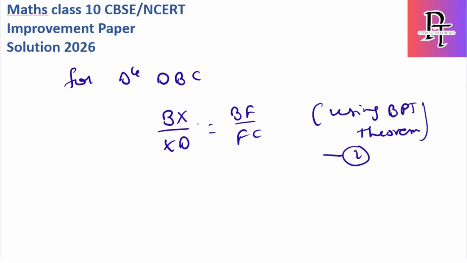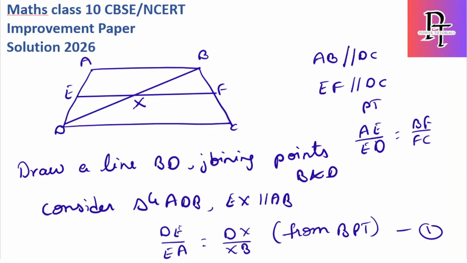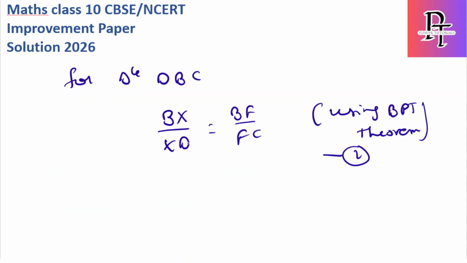If you notice here, BX by XD and BF by FC, whereas in the first equation we have DE by EA and DX by XB. So it is just the inverse. So I can say, using equations 1 and 2, all three ratios are equal, but it is an inverse condition.